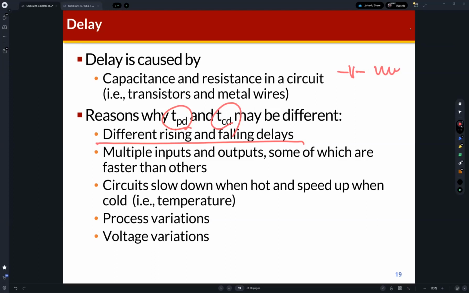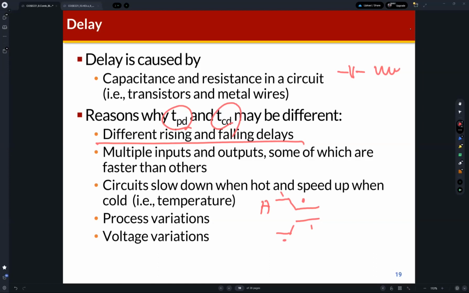What does it mean? When we consider an input signal like A, the input signal can change from 1 to 0. This is falling, right? Because the signal was high and then changed to low. Also the input signal can change from 0 to 1, which means rising, because the change is from low to high.